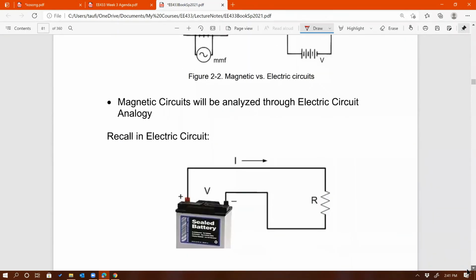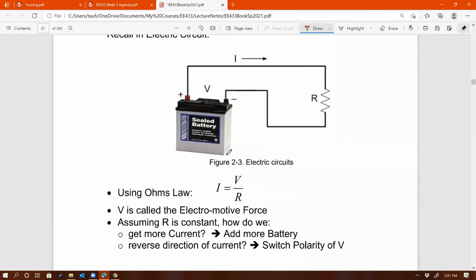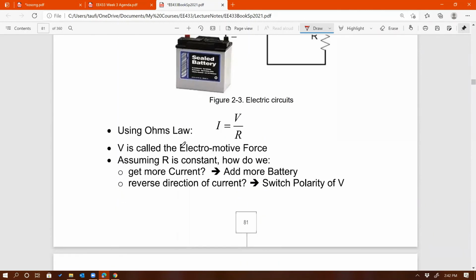Which is again nice. Recall in an electric circuit, if you have a battery connected to a resistor, then using Ohm's law, current is equal to voltage divided by R. And V is voltage, also called the electromotive force.